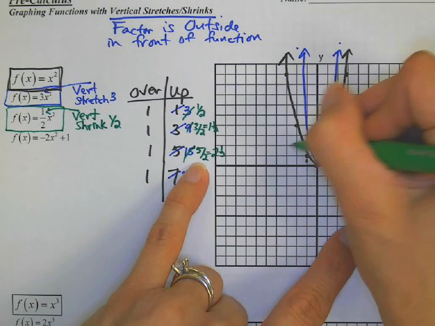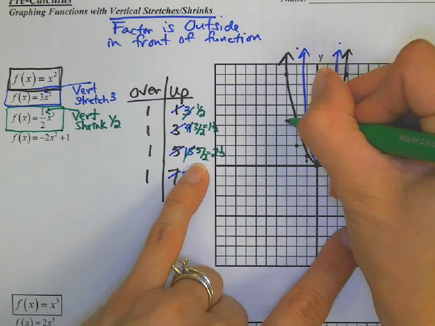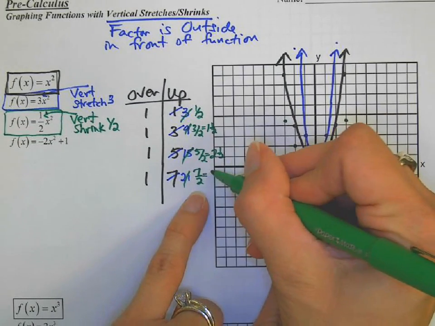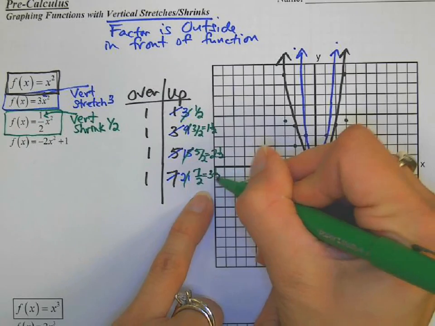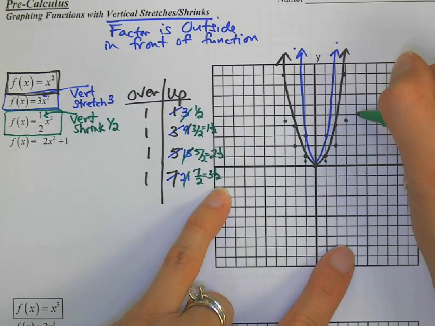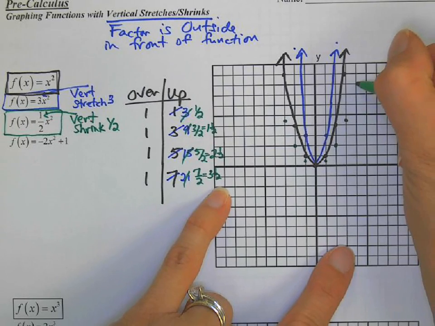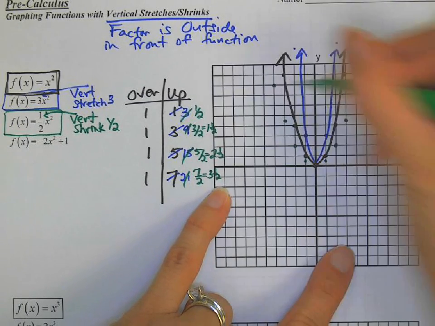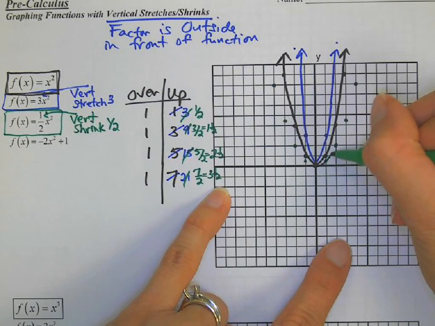Now you're at the middle of a box again. 2 1/2 takes you to a middle. Oh, 7 halves is 3 1/2. Oh, that's nice because the half completes the box and you go 1, 2, 3. You should be at the point 4, 8 at this point, and negative 4, 8. Okay, I think that's all I can fit.